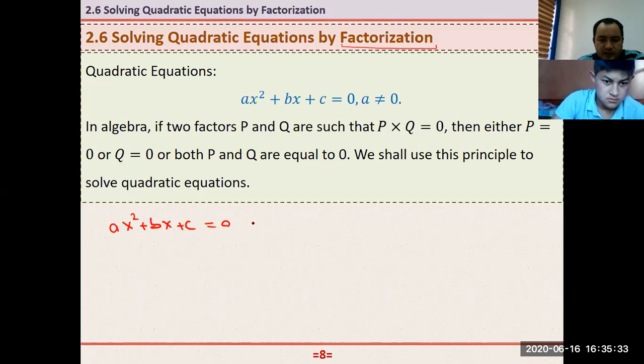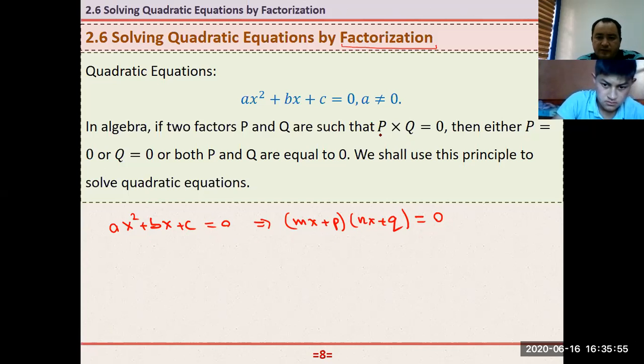So assume that I can factorize this and write it in this form. That is mx plus p, and here we have nx plus q. This part we learned in the last class, right? So that is equal to 0. Okay. If we can factorize this, now how can we solve this?